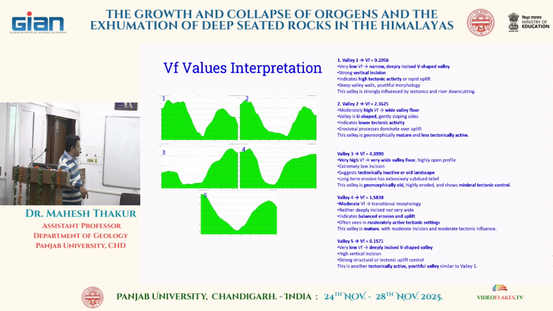What about 4? This is transitional, neither deeply incised nor very wide. It indicates balanced erosion and uplift, often seen in moderately active tectonic settings. This value is mature with moderate incision or moderate tectonic influence.